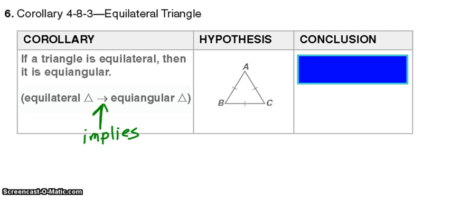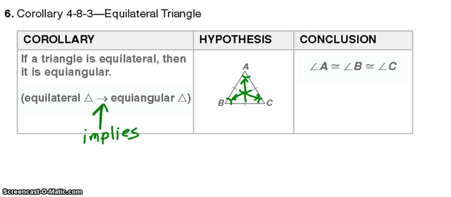So we see that with this triangle ABC, since the sides are congruent, we know that the opposite angles are going to be congruent to each other. So we'll have angle A is congruent to angle B, which is congruent to angle C. And that is our conclusion. Go ahead and write that down, please.